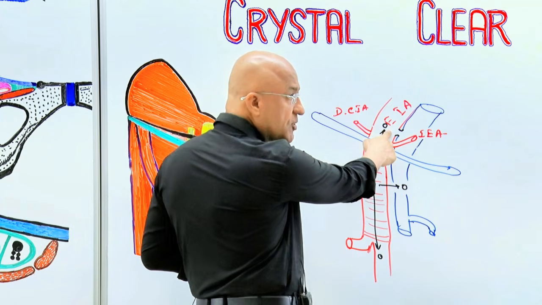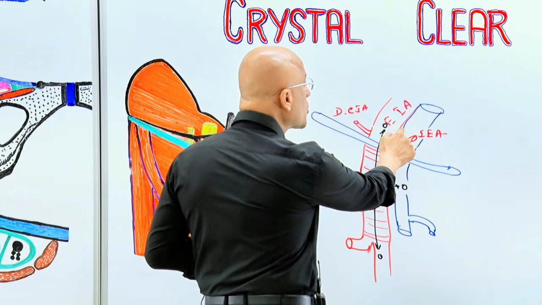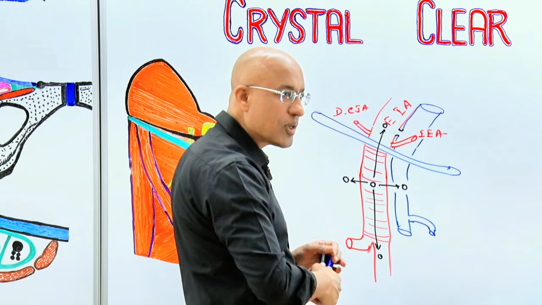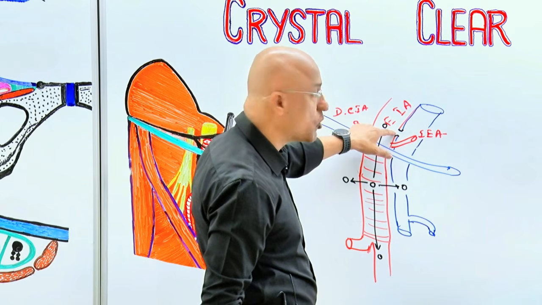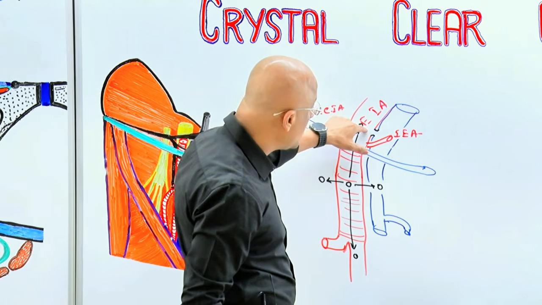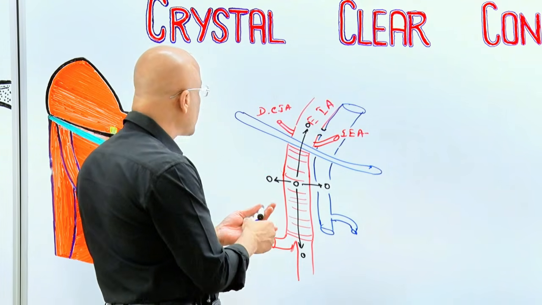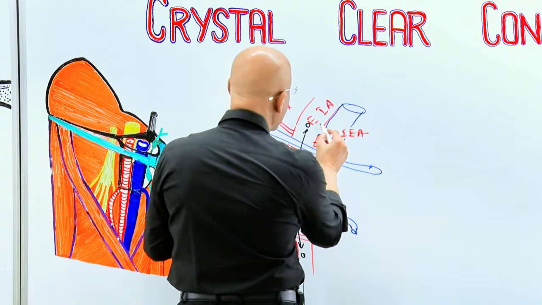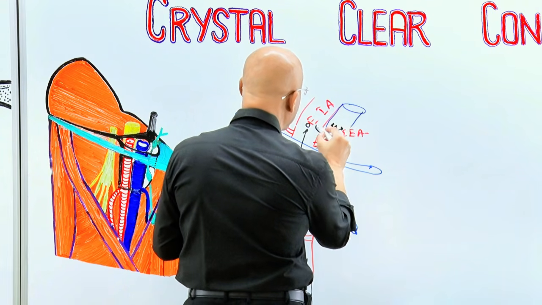This is a high pressure system, the arterial system; this is a low pressure system. This hole of transfixation of these two vessels will not close, because high pressure will move towards low pressure, and blood will start moving from the arterial side to the venous side.